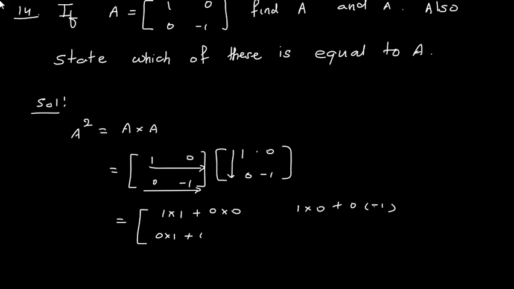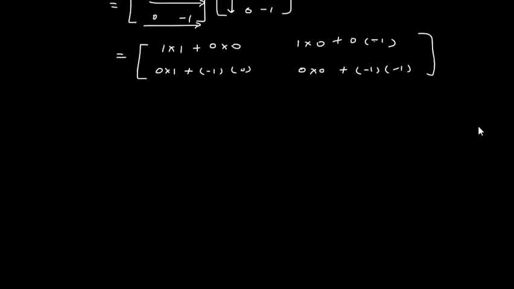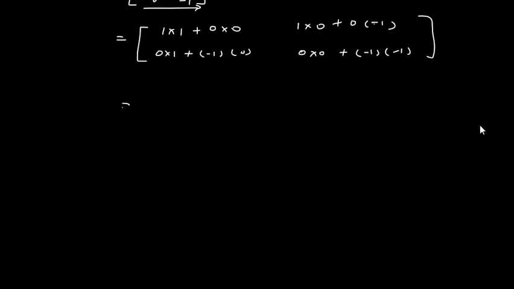Second row, in the same way, 0 into 1 plus minus 1 into 0, and here it is 0 into 0 plus minus 1 into minus 1. We have 1, 0, 0, and plus 1. So we got [1 0; 0 1].